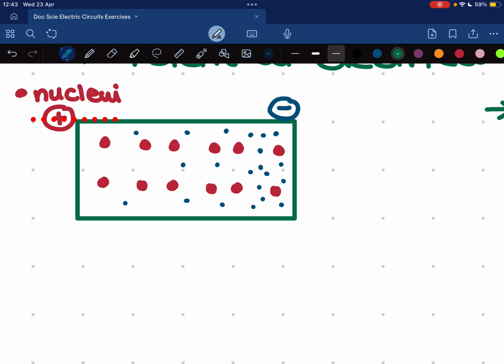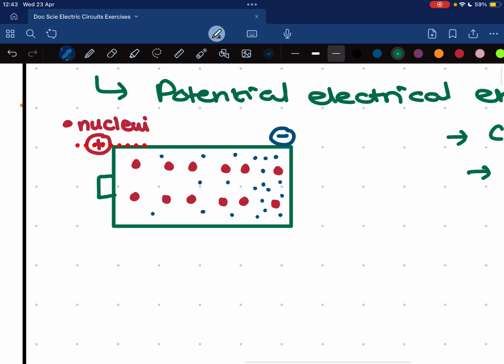And by doing that, we create this apparatus which we refer to as a battery. So when this occurs, then we have this potential electrical energy.